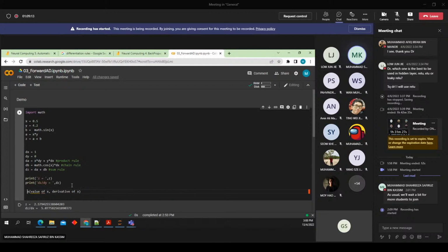We want to declare this variable, and it stores two values. One is the value of itself, x equals 0.5, and the derivative value of itself, which in this case might be 1, might be 0.5. We can assume this to be anything at this point.